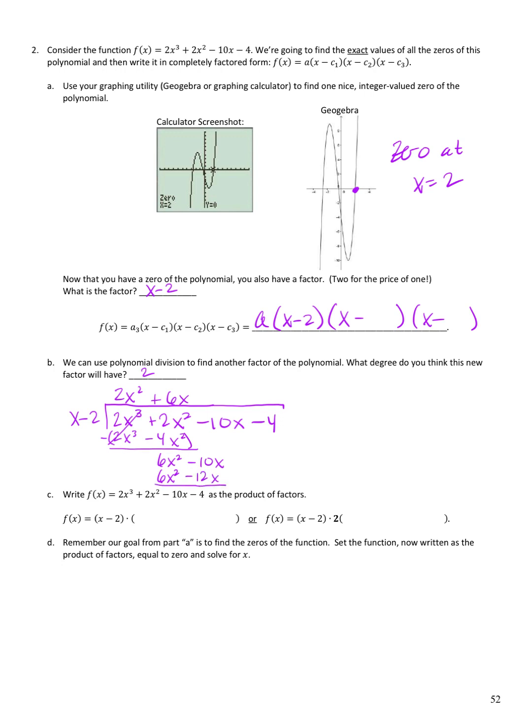Subtract. I'm running out of room. The 6x squareds cancel. Negative 10x minus negative 12x is 2x. So I'm going to try to move this over here. So I have 2x. Bring down the minus 4.